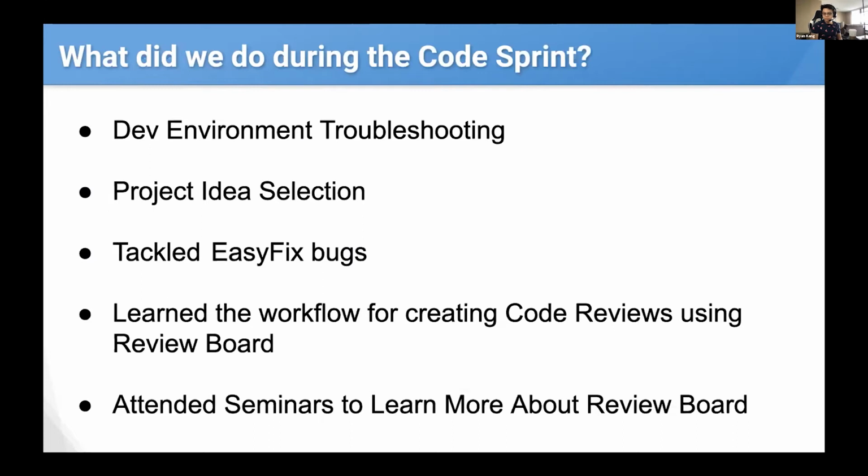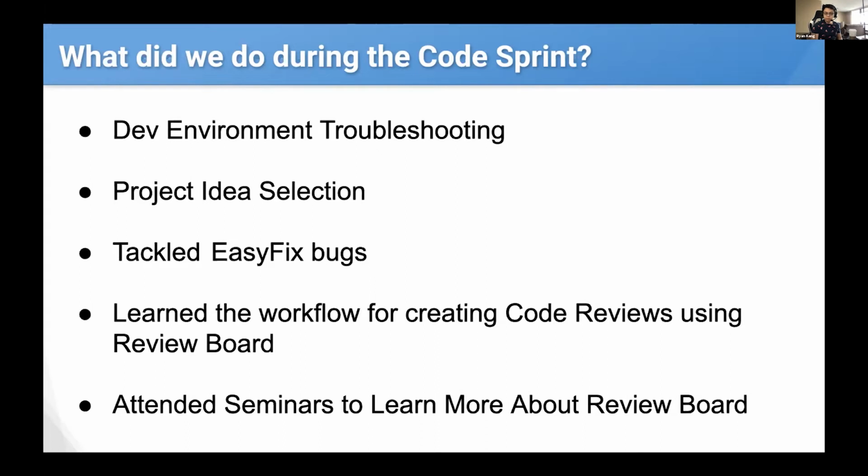So what did we do during this code sprint? First of all, we made sure that everybody had their development environment set up. And then we looked at all the projects available. Because of our team size, we've split off into 2 separate teams, which we'll talk about later. Every person has their own project, a small component, and they range from easy to long-term and very difficult.